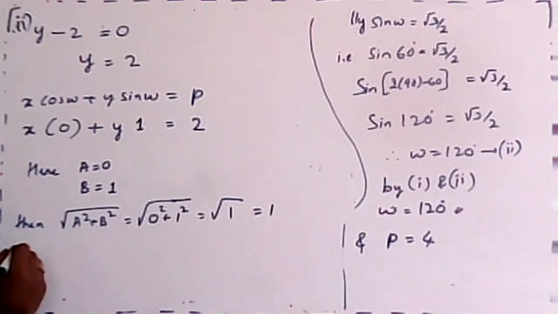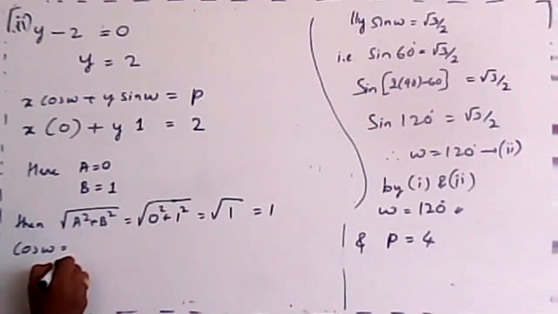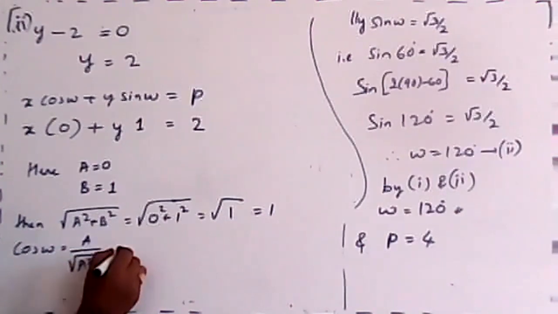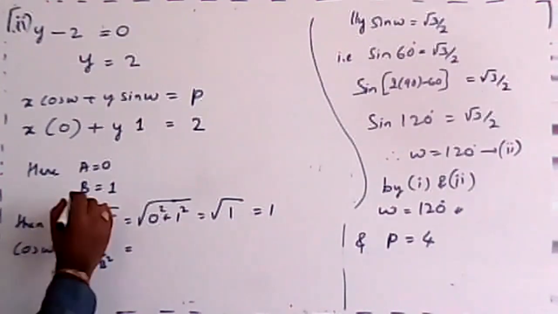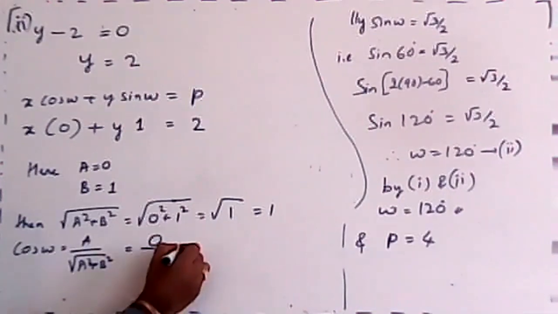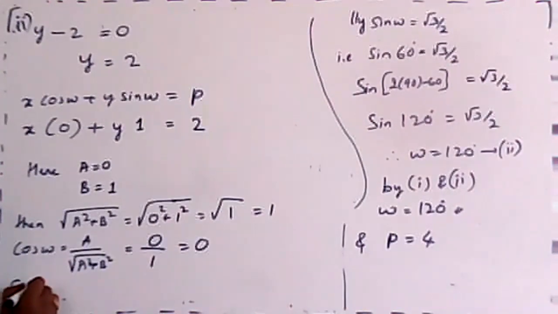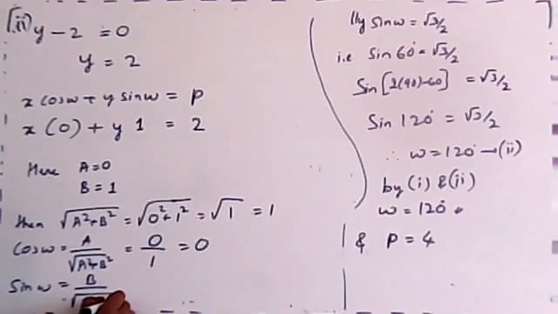Cos omega is equal to a by root of a square plus b square. A is 0 only, 0 by 1 is 0 only. Similarly, sin omega is equal to b by root of a square plus b square. B is 1, 1 by 1 is nothing but 1 only. So sin omega is 1 and cos omega is 0.